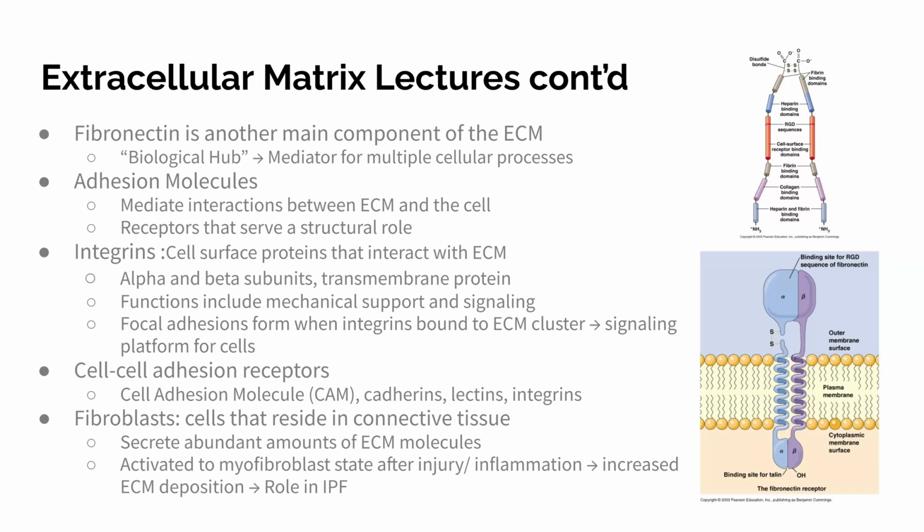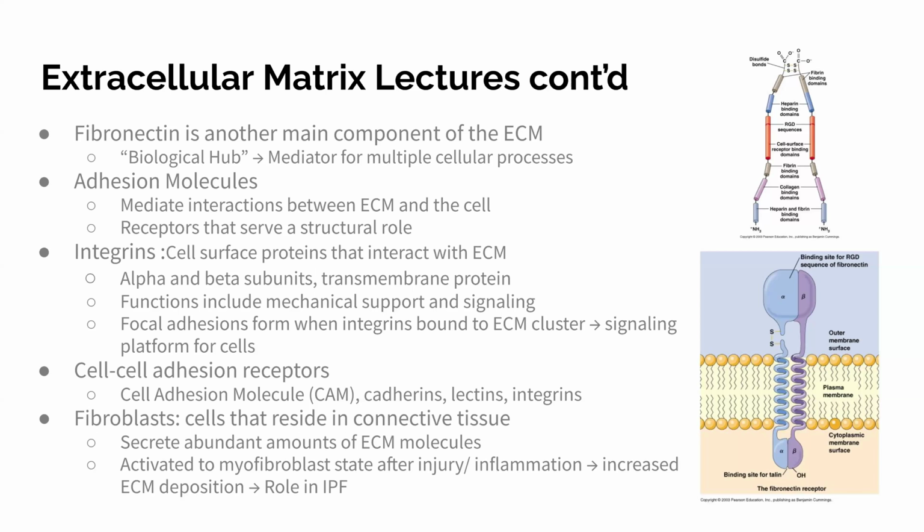So like we were talking about transmembrane proteins before, integrins are transmembrane proteins, so they have intracellular and extracellular components. But they also have alpha and beta subunits, as you can see in that picture over there. And they serve as mechanical support by connecting to the ECM and kind of anchoring the cells in place.